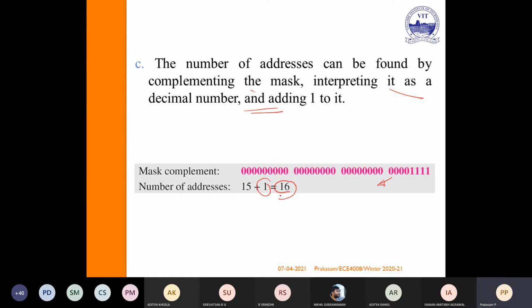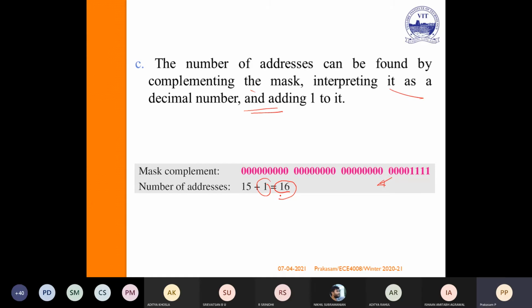So you can find the first address, last address, and number of addresses using the first procedure: 32 minus n, set the rightmost bits to 0 and convert to decimal for the first address, set the rightmost bits to 1 and convert to decimal for the last address, then 2 to the power of 32 minus n is the number of addresses. Or you can use the mask, which is the best procedure, because all the operations are done purely based on the number of maskable bits.